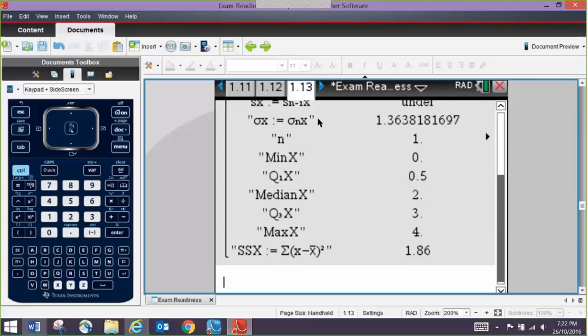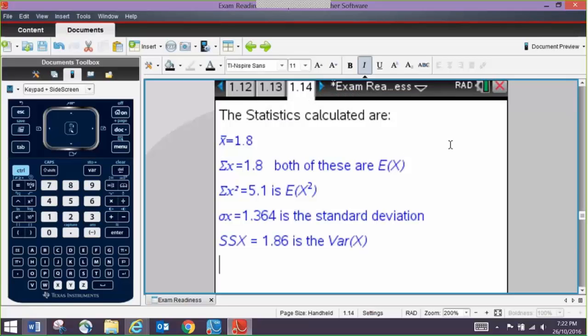And you can see sigma X, the standard deviation, which of course is the square root of the variance, is also listed there. So I've written those out so that they're easily found for you.